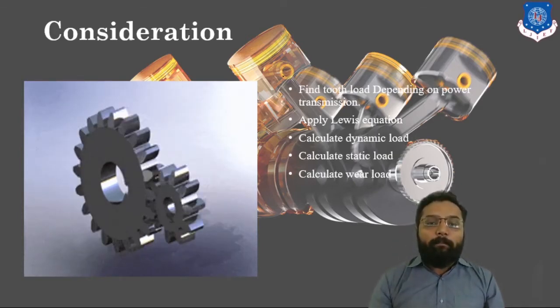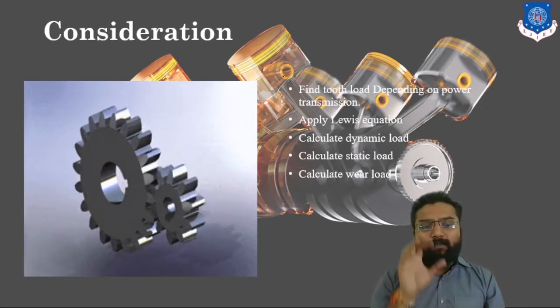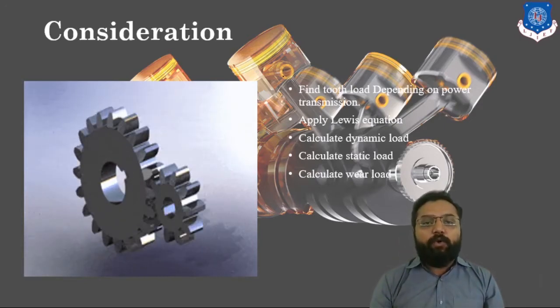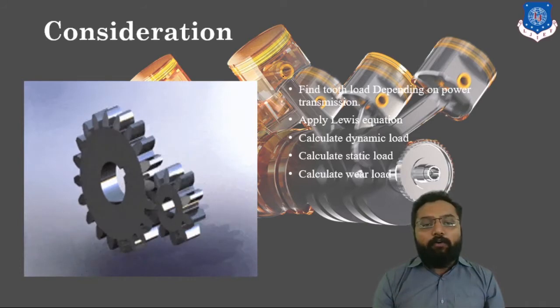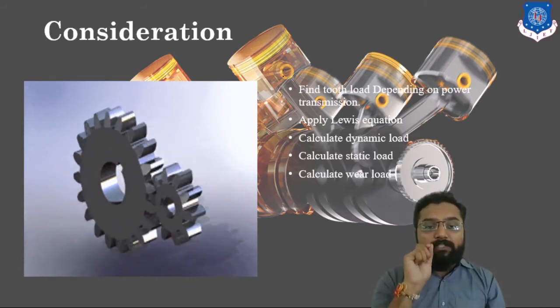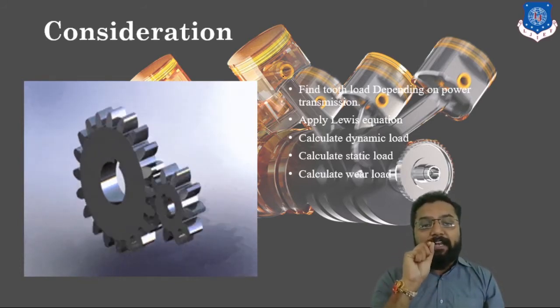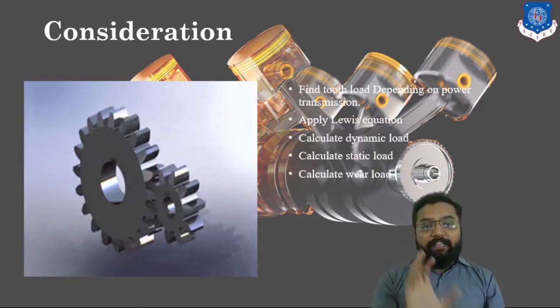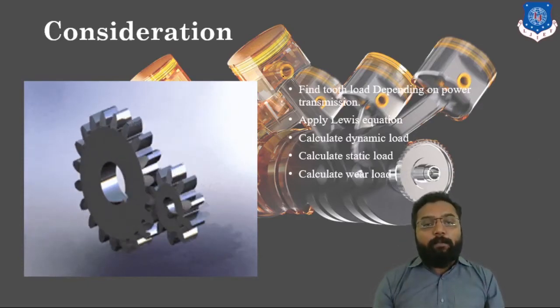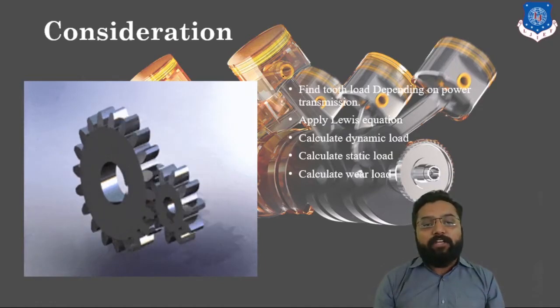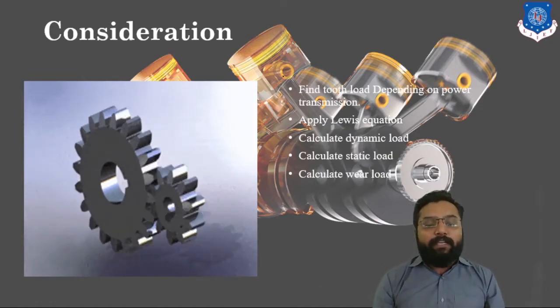Second thing, apply the Lewis equation on your teeth. Here, this Lewis equation will give you the amount of allowable stress which can facilitate developing your gear teeth. Here, the second one is allowable stress, and depending on that allowable stress, you can easily find the working stress.